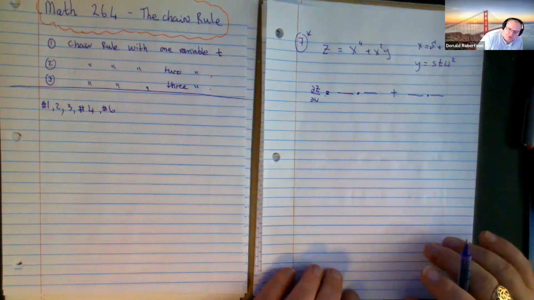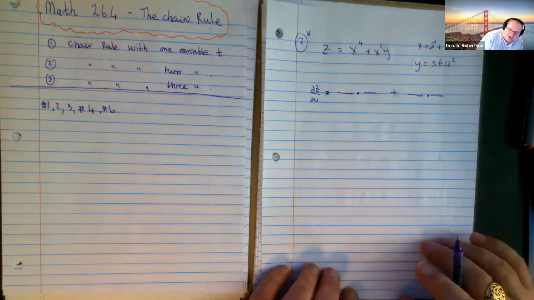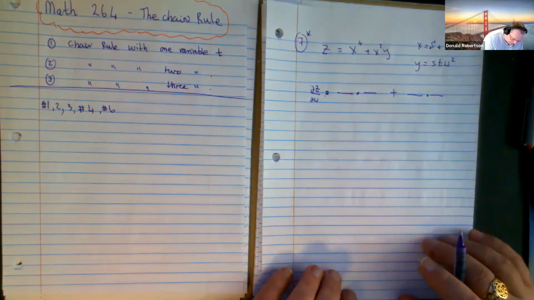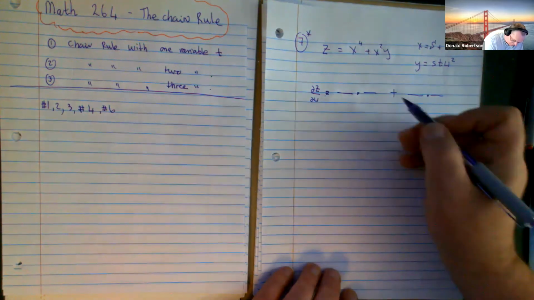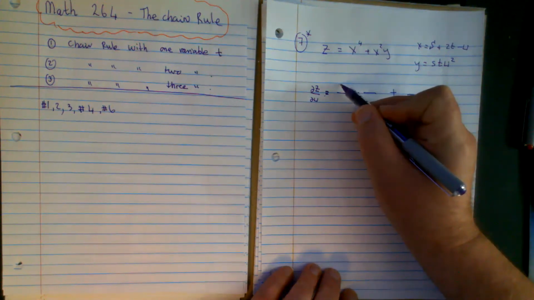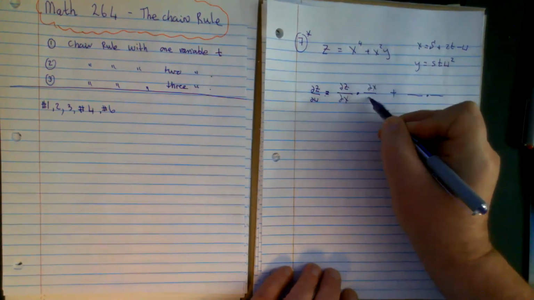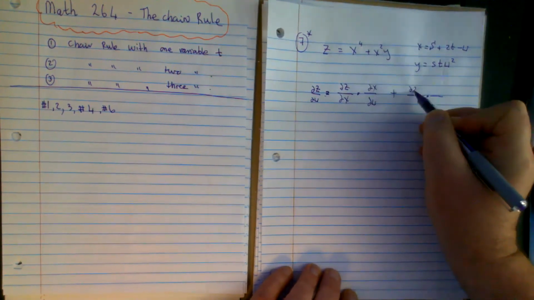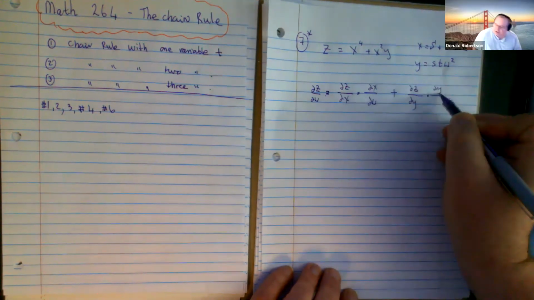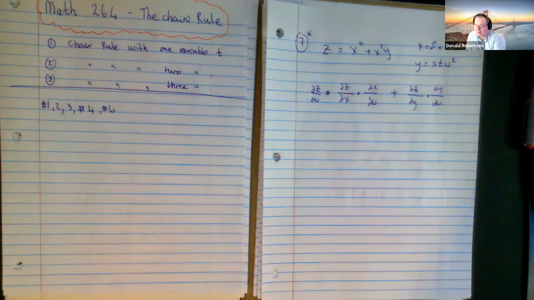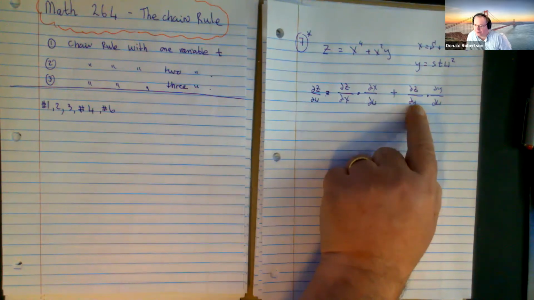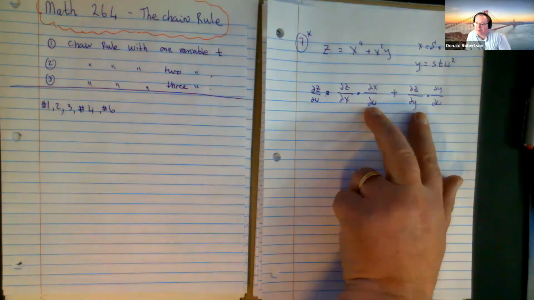What could you do to do dz by du? dz dx times dx du plus dz dy times dy du. Looks good to me. Agreed? That makes sense? The contribution to the answer with x's plus the contribution to the answer from the y's. It's actually quite a small formula. You were maybe thinking it would be bigger.